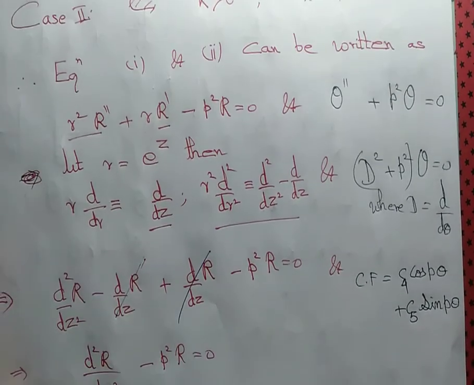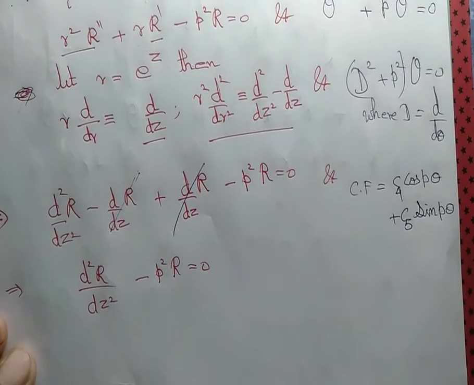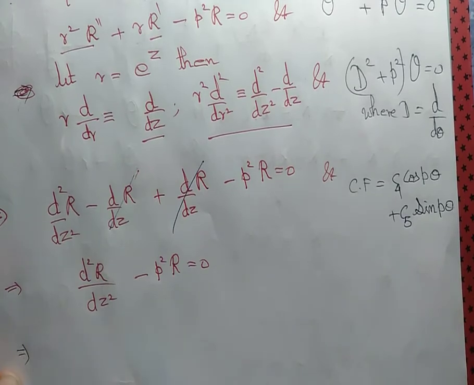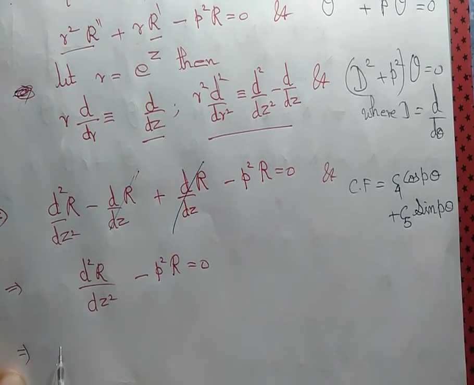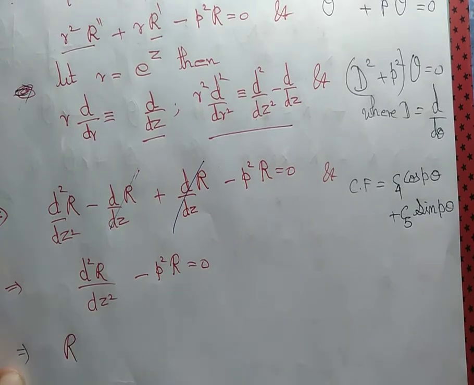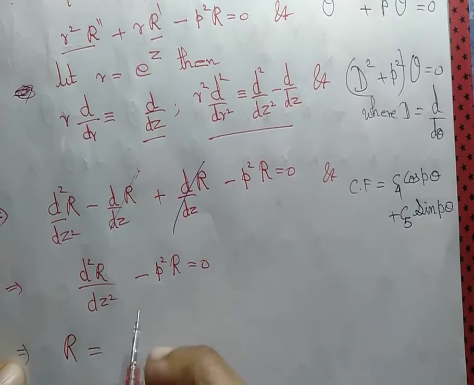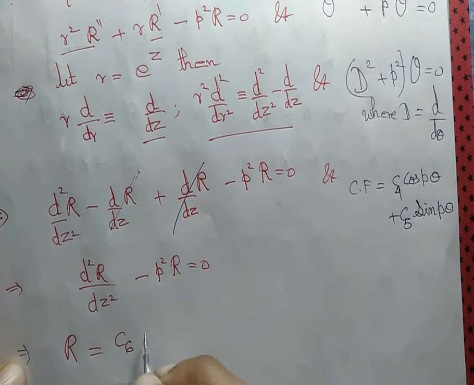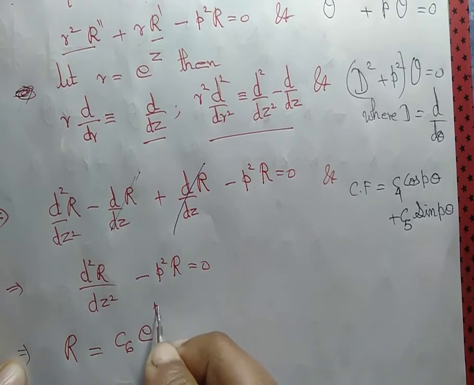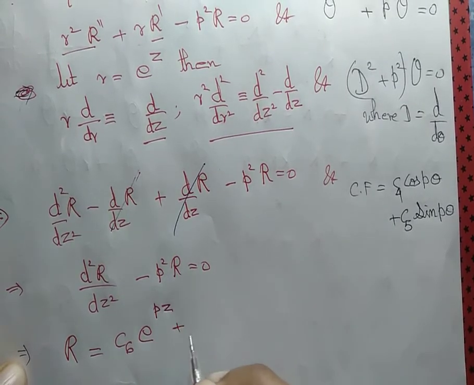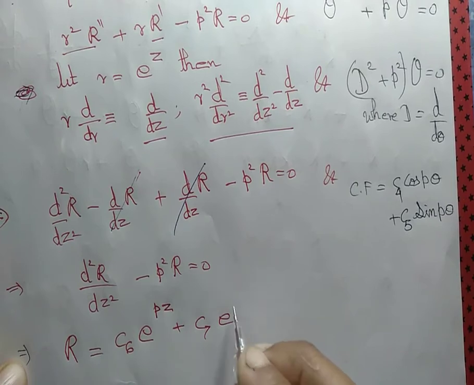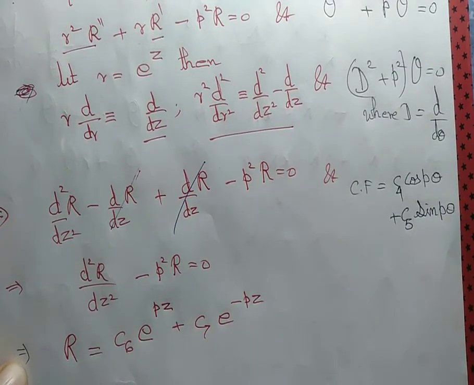What about here? Here we have complementary function given by r equal to, we already have c4, c5, let's write c6 e to the power pz plus c7 e to the power minus pz.